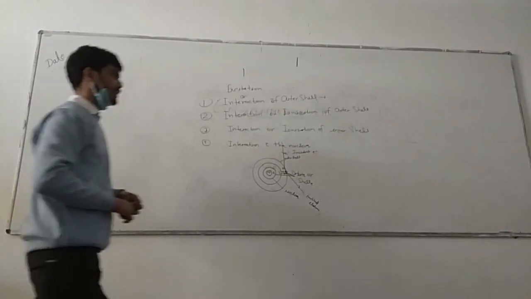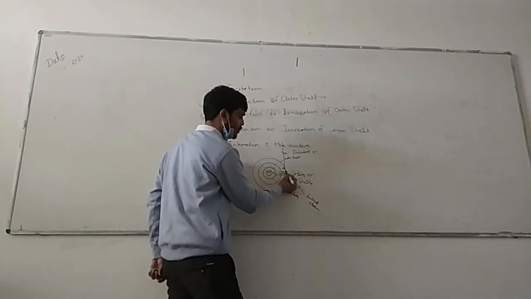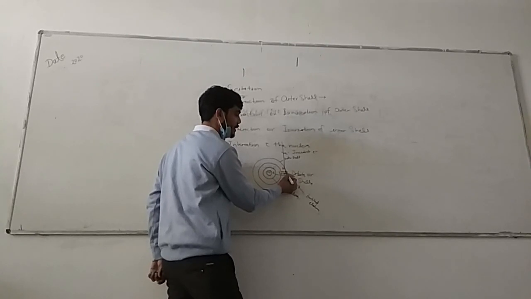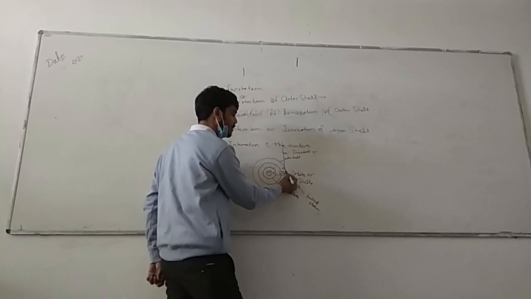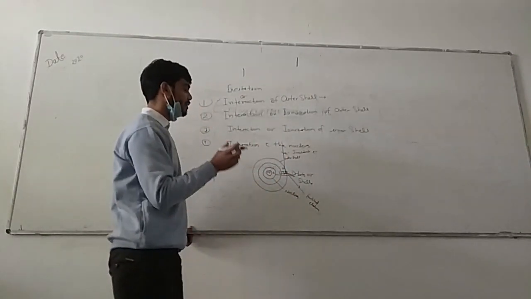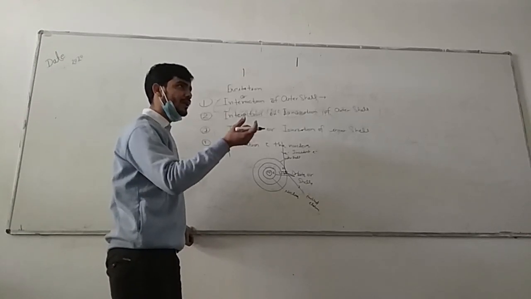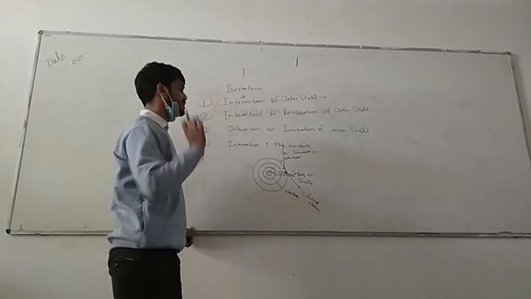When it returns from the excited state to ground state, then it loses energy in the form of heat. The energy that is emitted in the form of heat is the difference between the higher energy and the lower energy level.